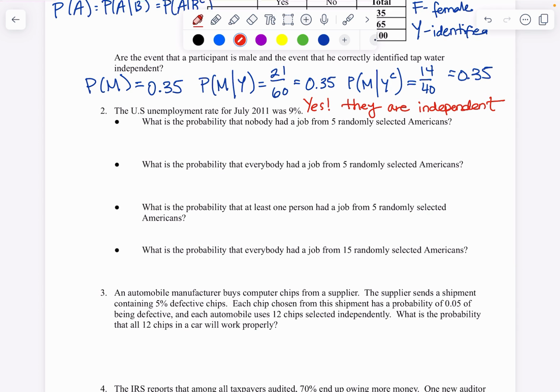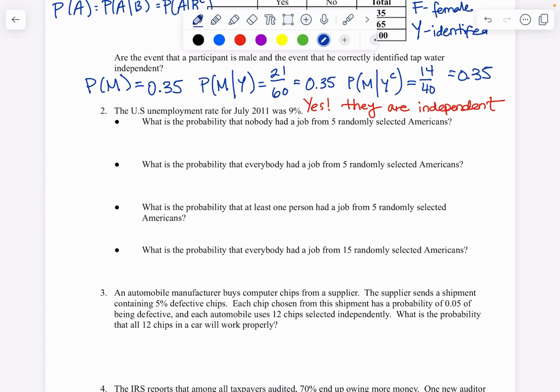2 is a little bit more interesting, I think. It says the U.S. unemployment rate for July 2021 was 9%. What is the probability that nobody had a job from 5 randomly selected Americans? Okay, randomly selected Americans are independent. So, if I want to find whether the 5 people are unemployed, just whether the next person has a job is independent of the last.